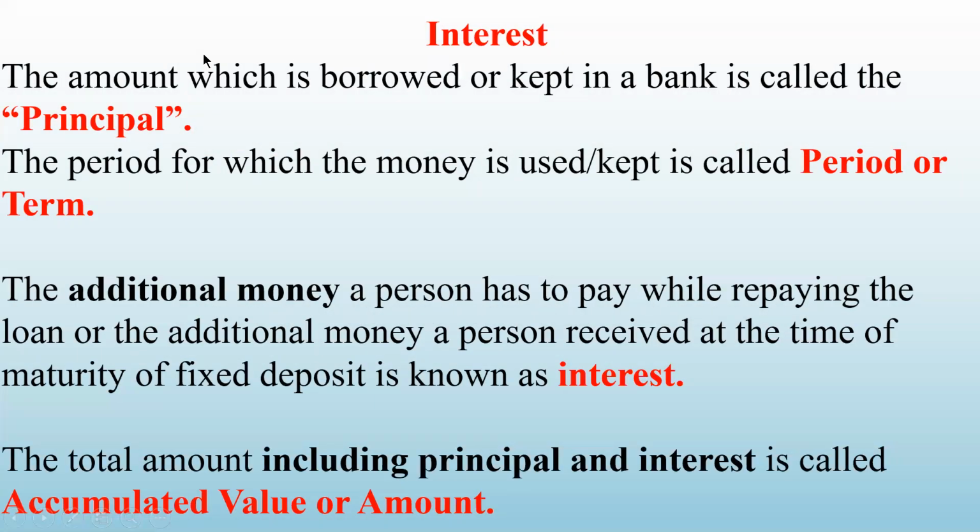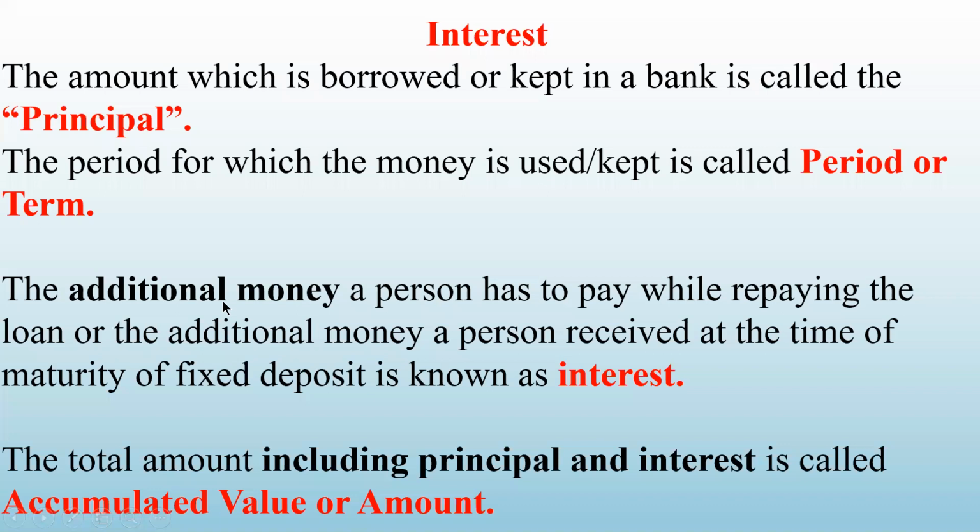So before we actually begin with interest, I think simple interest we have already taken. The notations are all same. The principal amount is the amount which you borrow from the bank or you keep in the bank as your deposit. So that is called as a principal amount. And the period for which the money is used or kept in the bank is called as period or term.